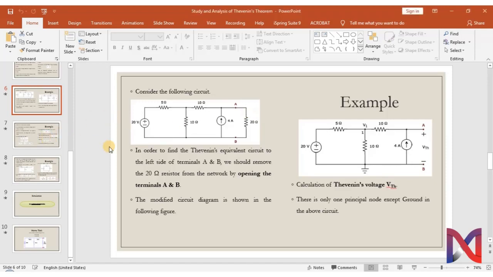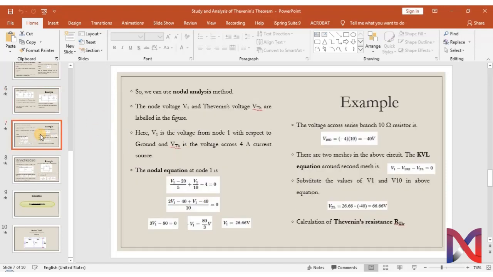After that, we have to apply nodal analysis at our node V1, and we get (V1 minus 20) divided by 5 plus V1 divided by 10 minus 4 is equal to 0. Taking 10 as the LCM, we have 2V1 minus 40, because we have 2 for this plus V1, and we have to multiply 4 by 10. So we get minus 40.